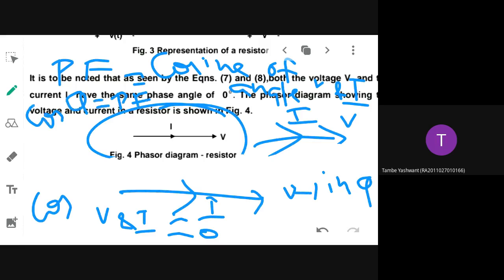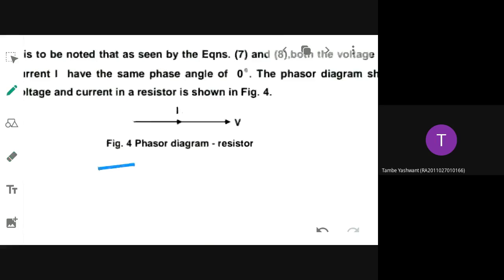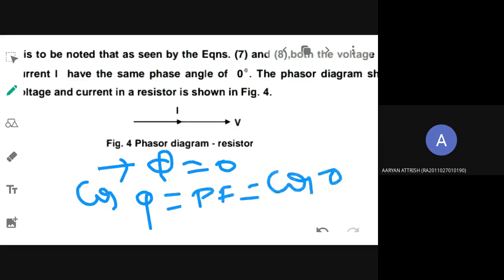That is why whenever there is a resistance in the circuit, they use the term UPF. Remember, cos 0 is 1. Cosine of the phase angle, the phase angle is 0, so cos phi is 1. That is the power factor. So whenever there is resistance in the circuit, they will always use the term UPF.